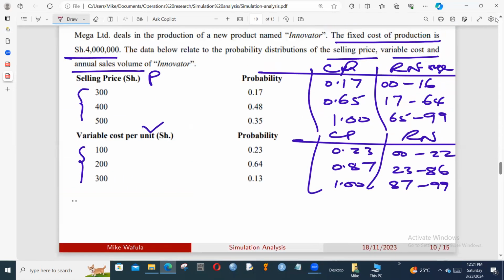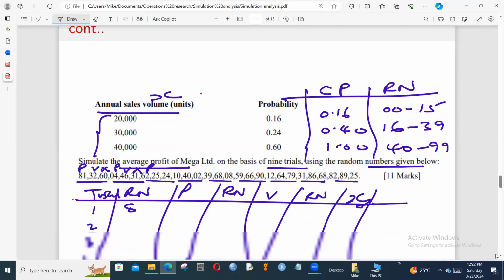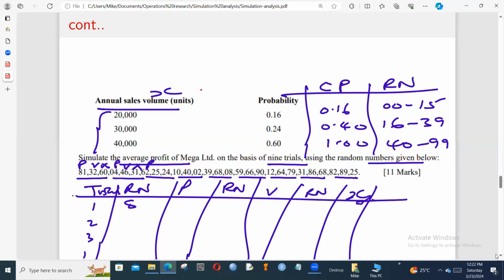Profit is equal to annual sales minus fixed cost. Oh, there's a fixed cost, yes, there was a fixed cost somewhere.